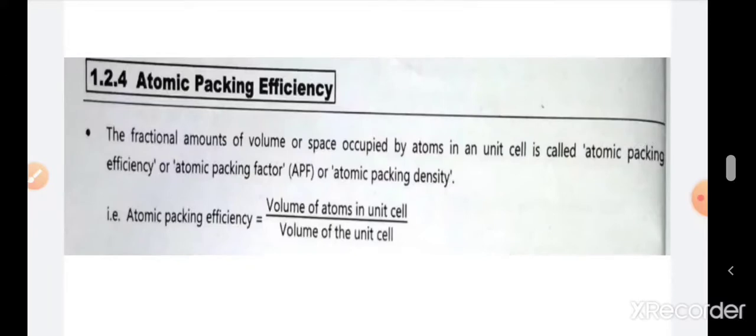But as the crystal structure changes, for example simple cubic, body center cubic, face center cubic, we have to change the number of atoms in that unit cell.